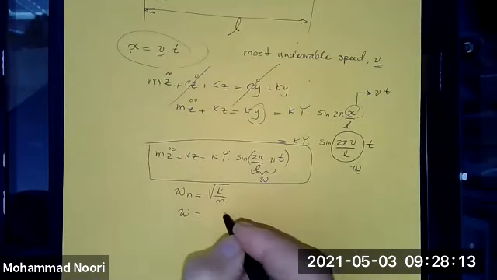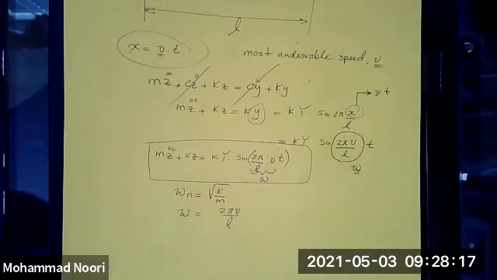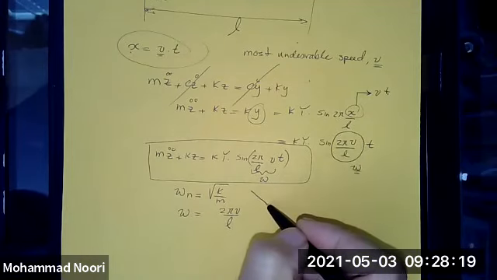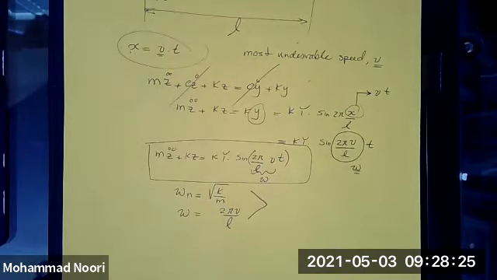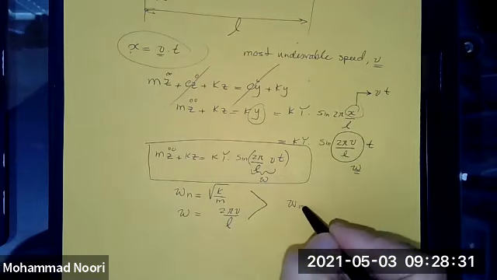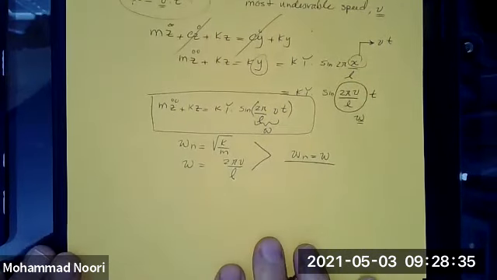Omega is 2 pi v over L. So the most undesirable speed would be, given that the system is undamped, when you have resonance. The natural frequency of the system becomes equal to the frequency of the excitation.